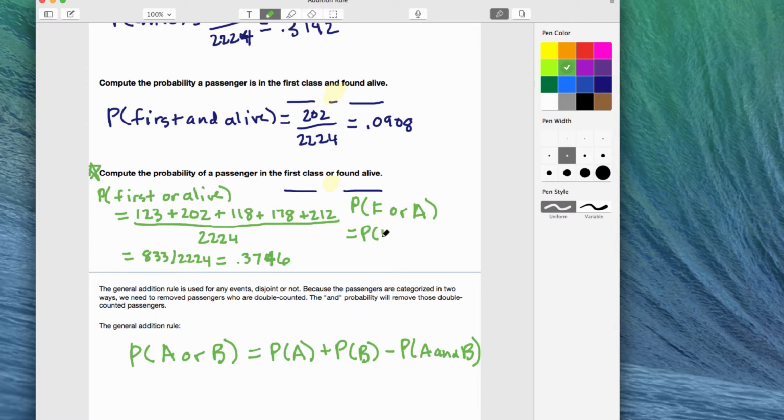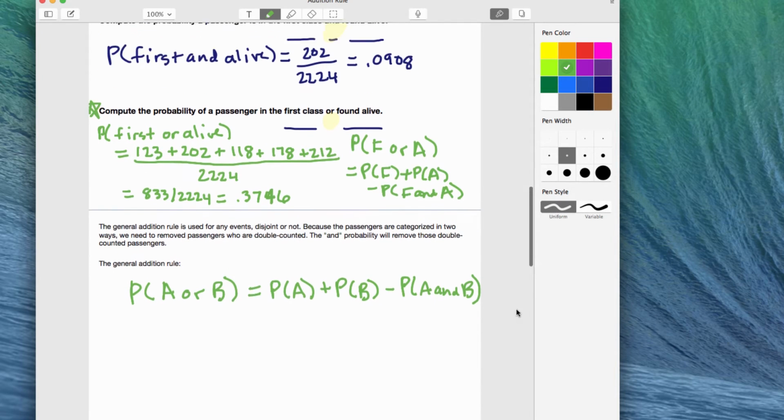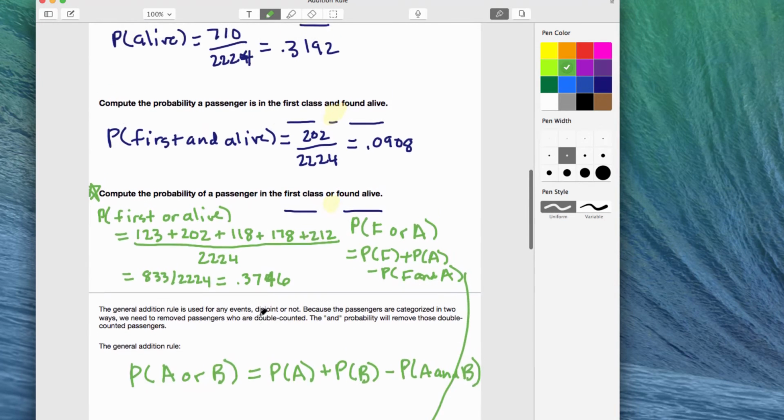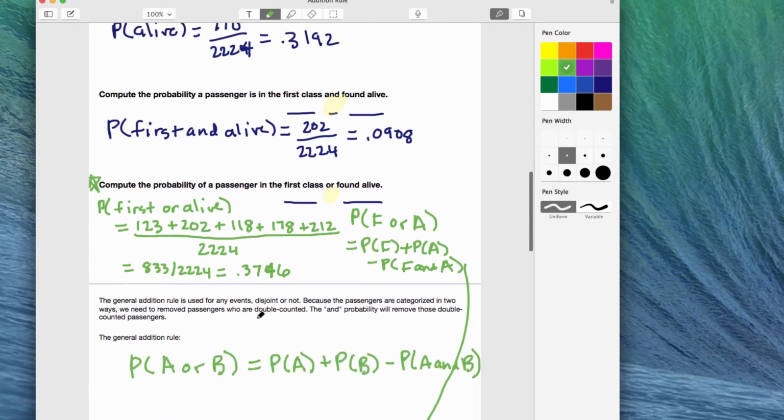I'm going to add up the probability that someone is found in the first class, plus the probability that they were found alive, and then subtract out the probability of F and A. So the probability of F or A. The probability that someone was in the first class, going back up to the top, was 0.1461.